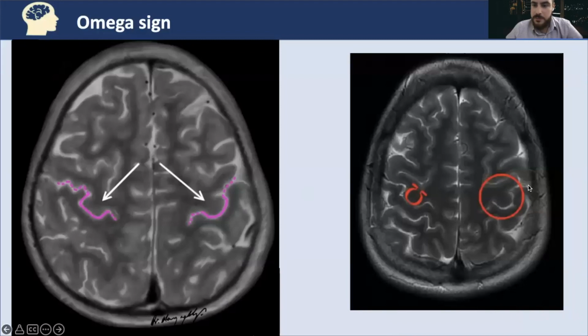We have something in the brain that has a CSF filled space. This is a sulcus, and it looks like the omega sign. Can you relate this one to this one? This is the left side, this is the right side. So this is the omega sign. It represents the central sulcus. Everything in front of it is the precentral gyrus. Whatever is behind it is the postcentral gyrus. Clear?